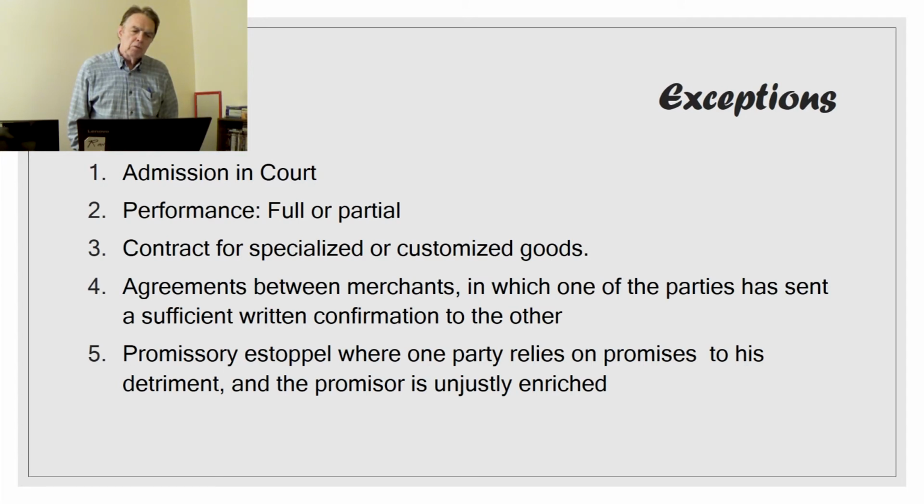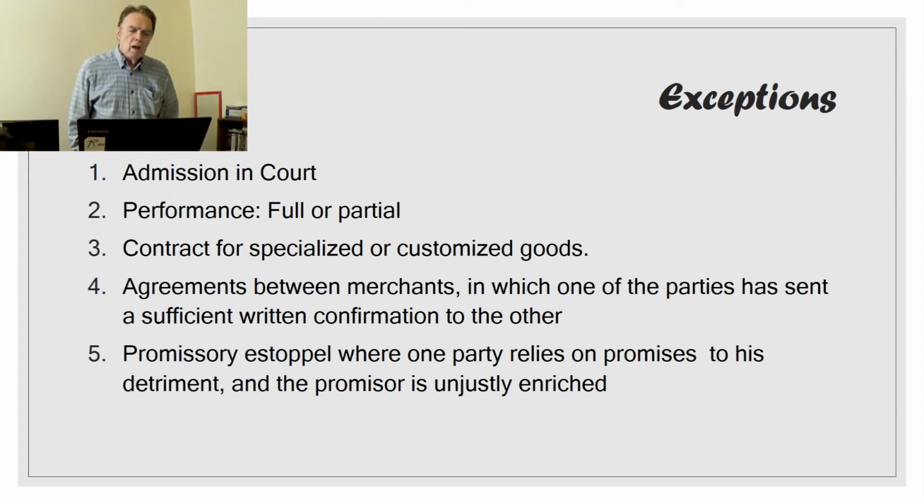Well, he can't use the full or partial performance, even though they may have operated as a partnership for a time. He's not going to be able to use the fact that they were operating the business together. So it's going to be a matter of testimony as to the conditions under which they were operating as a partnership.